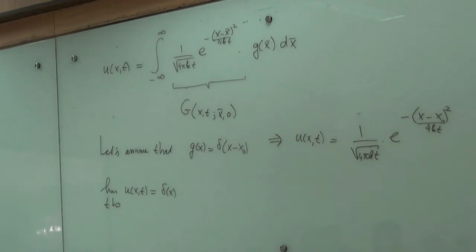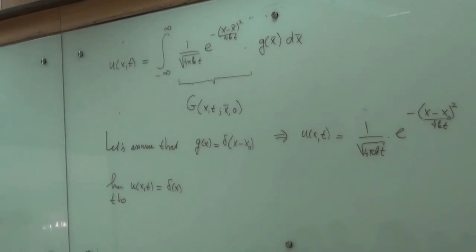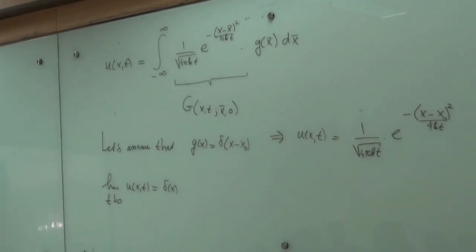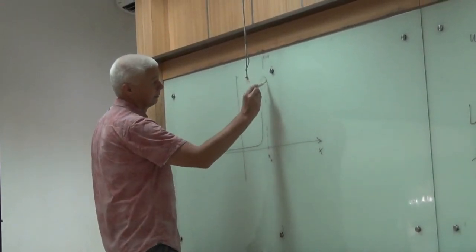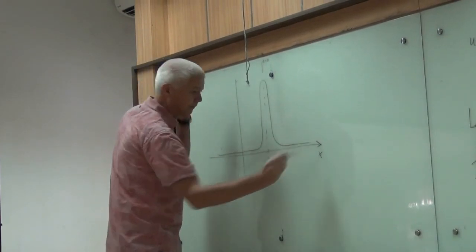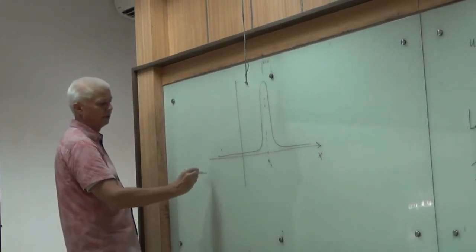At t equals 0, I give that initial impulse. The area around it should be 1. And then if time increases, what's happening? Well, the solution starts to do this.